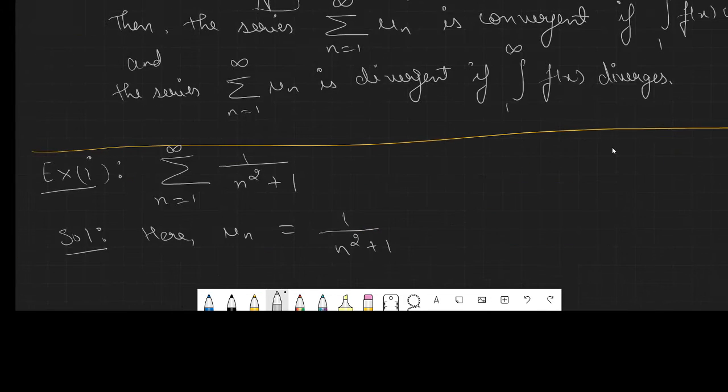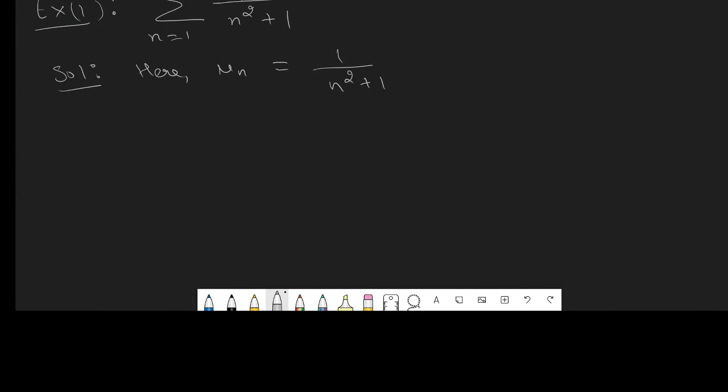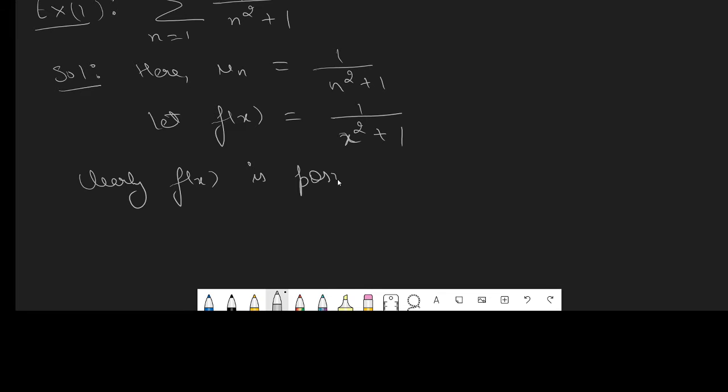So from that we can say that the f(x) function is 1 by x square plus 1, and you can see that we have x square in it and there is no negative term, so it will be positive. That is clearly visible: f(x) is a positive term.